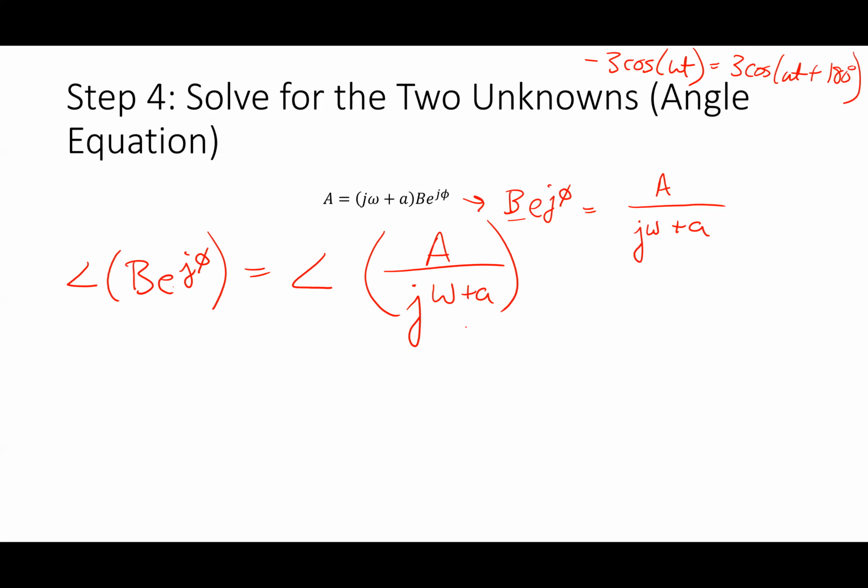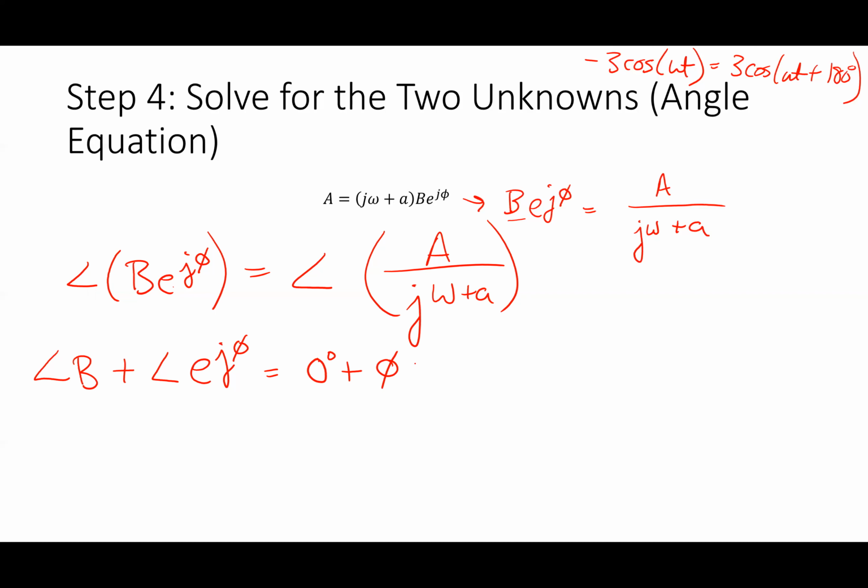When I have two complex numbers multiplying each other like this, it's the angle of B plus the angle of e to the j phi. If B is a complex number, what's its angle? Or sorry, a real number, positive real number. What's its angle? 0. This is 0 degrees plus, what's the angle of e to the j phi? Phi. Not a trick question, it's just phi.